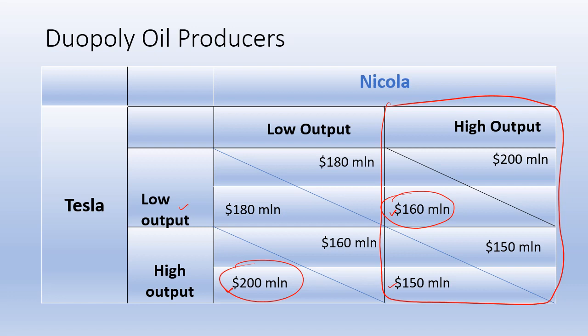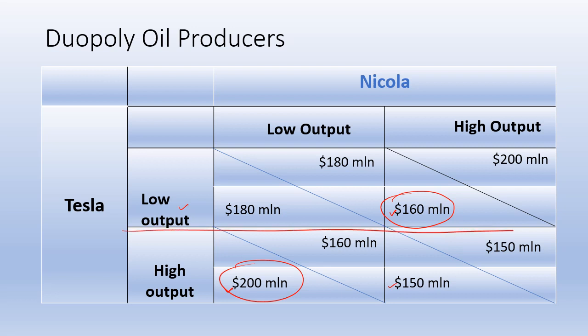So now you can see Tesla doesn't have a dominant strategy. Depending on what Nikola does, if Nikola produces low output, Tesla does high output. But if Nikola does high output, Tesla does low output. Similarly, now put yourself in the shoes of Nikola, and if Tesla produced low output, the game would be stuck on the top row, and on the top row, high output, i.e. $200 million of profit, would be better for Nikola, and Nikola would therefore produce high output.